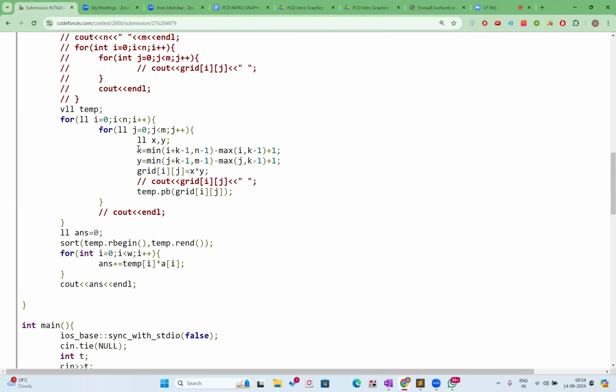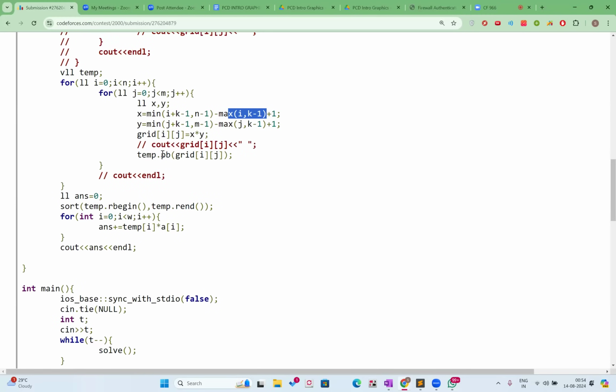So similarly, the vertical displacement can be calculated as i plus k minus 1, taking minimum with n minus 1, and you can do this similarly. And this value, multiplied by this, grid ij has stored this value x into y. This is the number of k length subsquares it is part of.